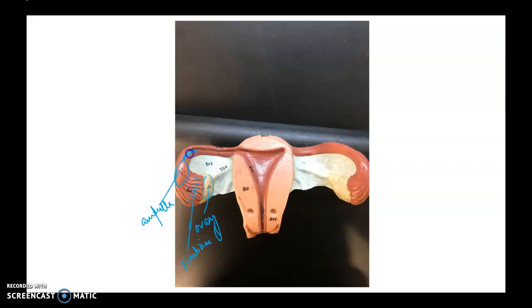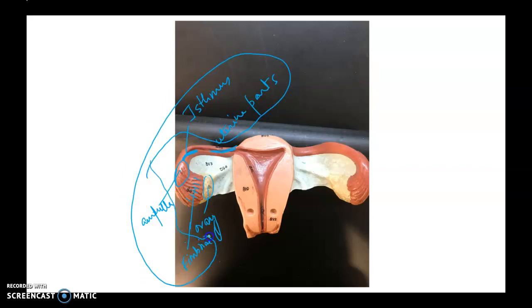The ampulla leads to a neck-like area that's called isthmus. And then the isthmus leads to this part. This is called the uterine part. Together, starting from the fimbriae all the way to the uterine part, this whole thing is called the oviduct or fallopian tube or uterine tube.